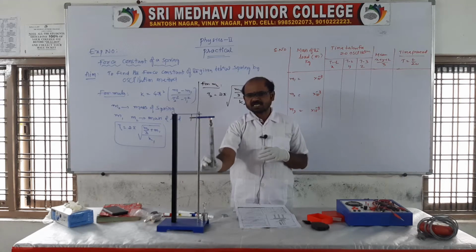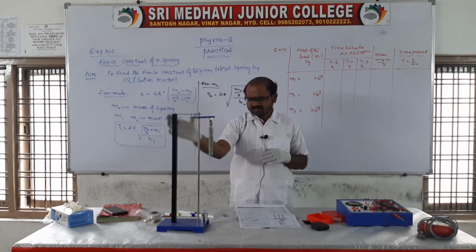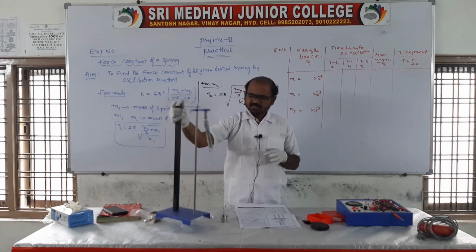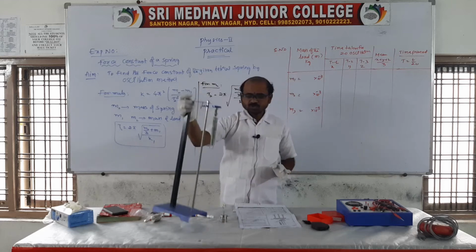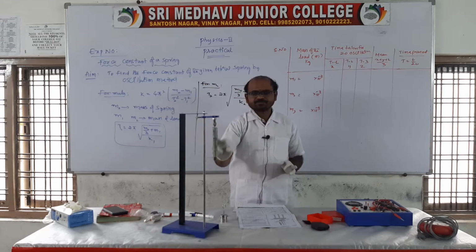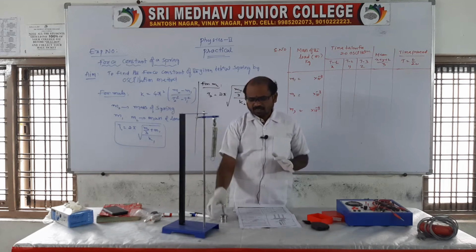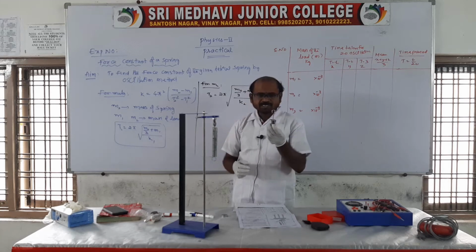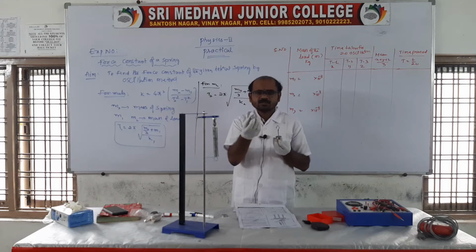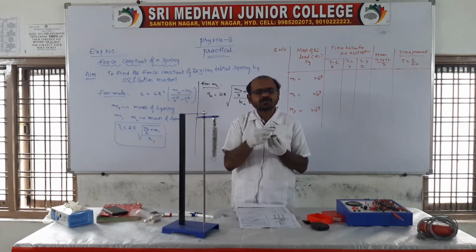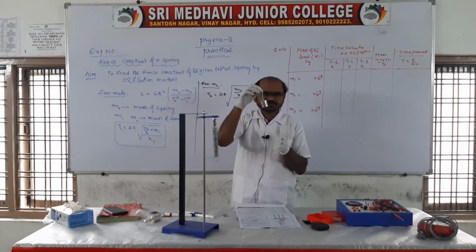This helical spring is to be connected to a retort stand, and the stand has a scale given to measure the length of the spring. There are also some slotted weights, where each slot is 50 grams, so we require some slotted weights.